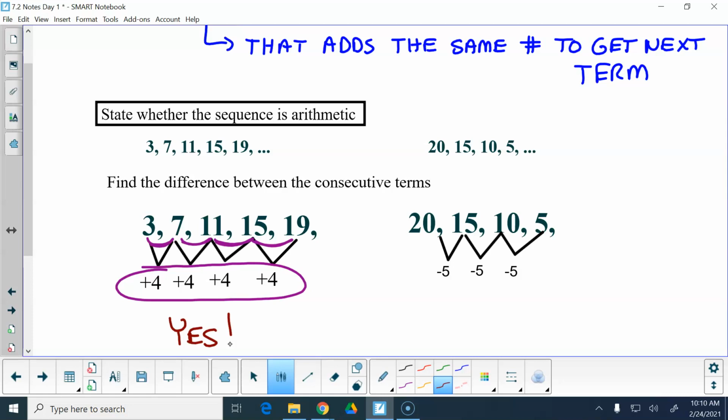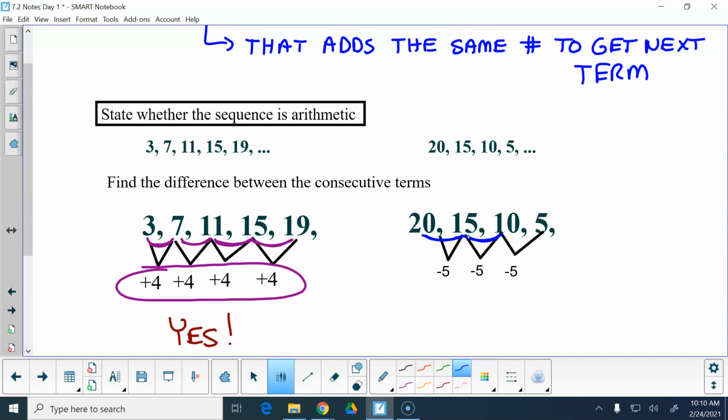Over here, again, I look at what I'm adding to get to the next term. And in this case, I'm adding negative 5, or I'm subtracting 5. Those are the same thing. Adding negative 5, subtracting 5, same thing.